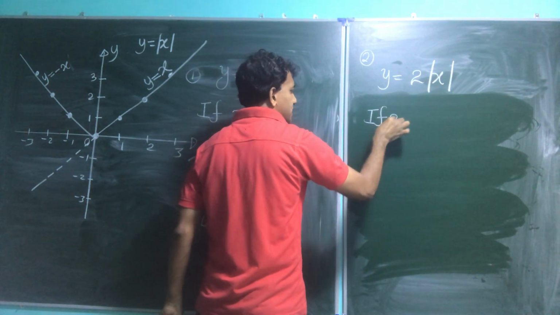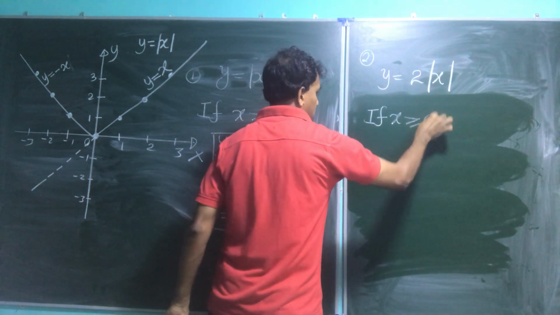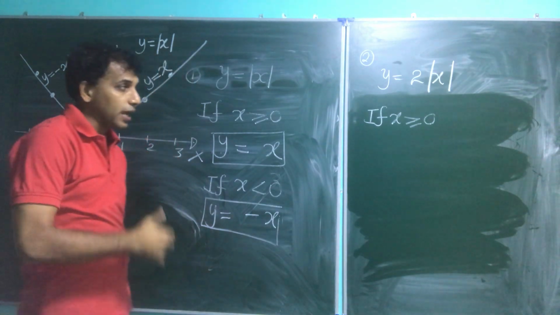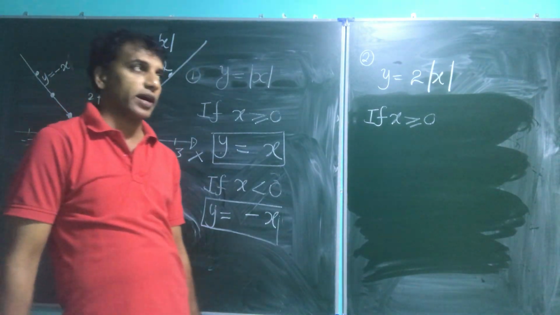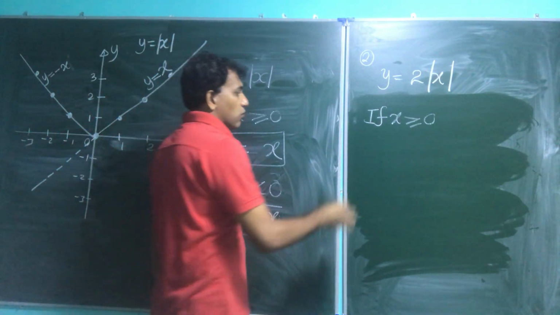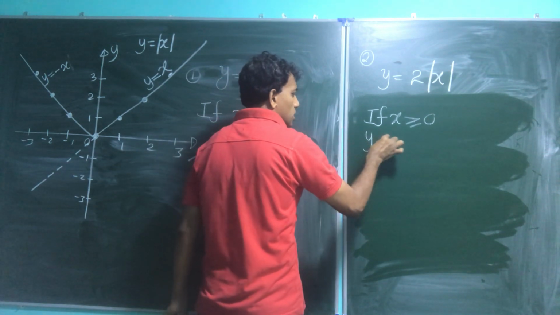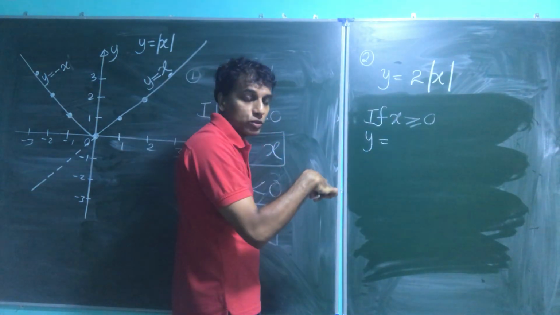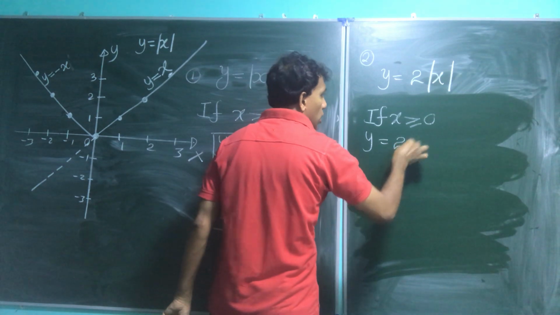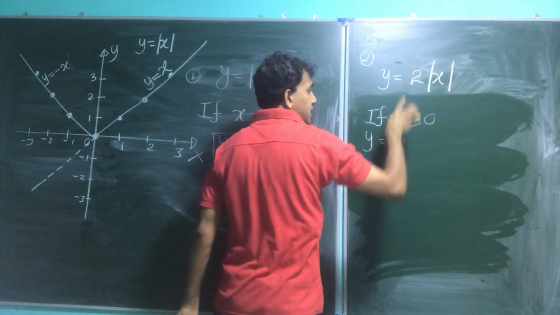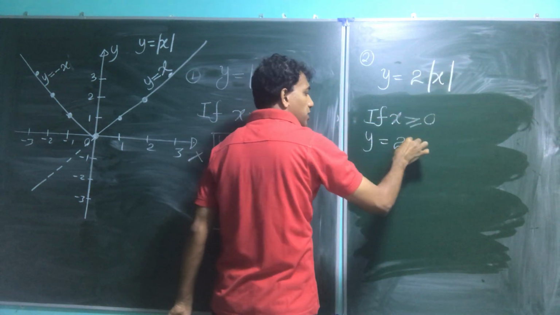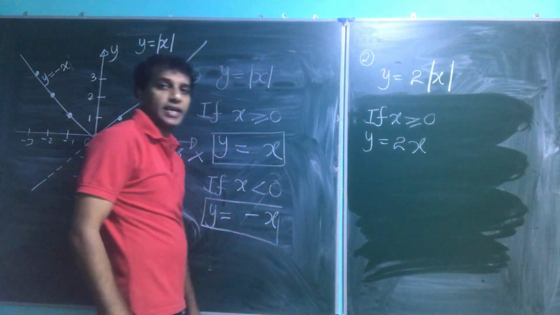If x greater or equals 0, that means completely the absolute positive side, right? So therefore the y becomes, outside 2 is outside, right? 2 inside is completely positive condition, therefore no change, as it is, right?